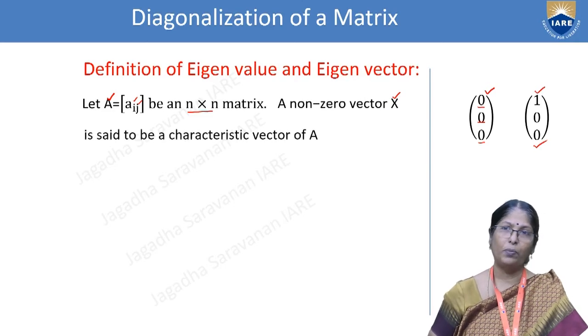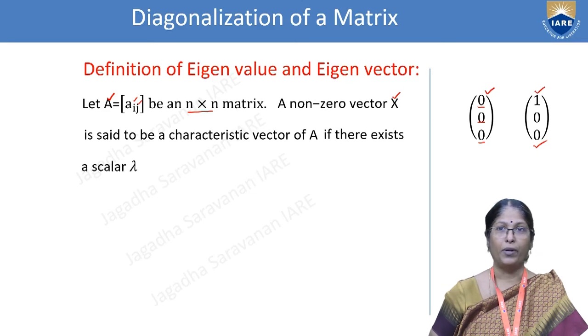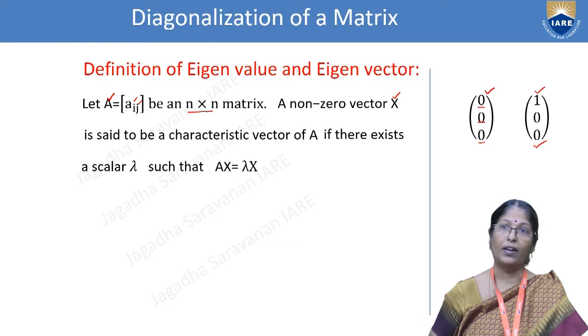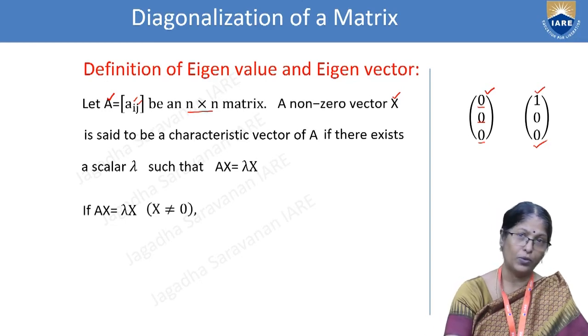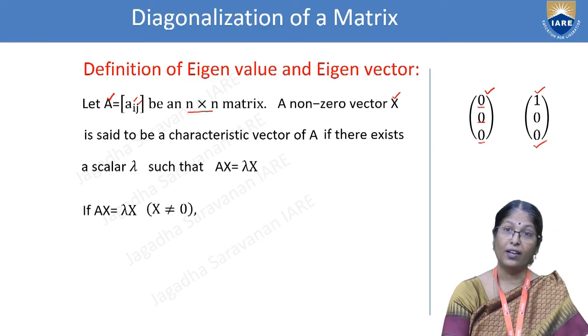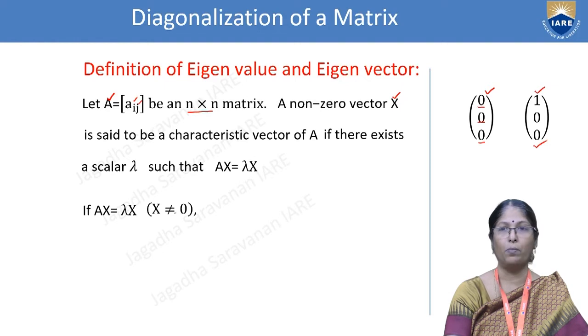Then it is said to be a characteristic vector of capital A, that is the given matrix, if there exists a scalar lambda such that Ax equal to lambda x, where x is not equal to 0, that is, x is a non-zero matrix, it is not a zero matrix.